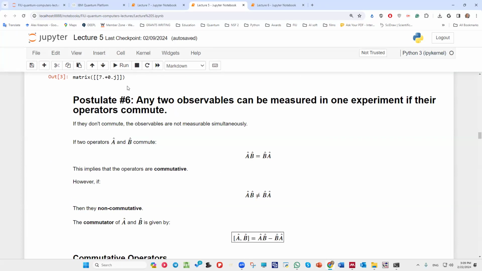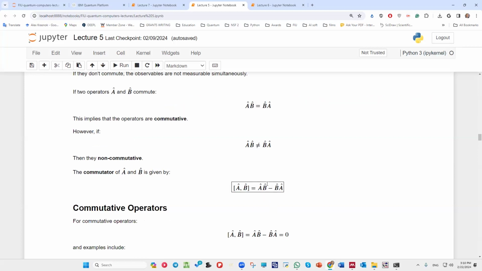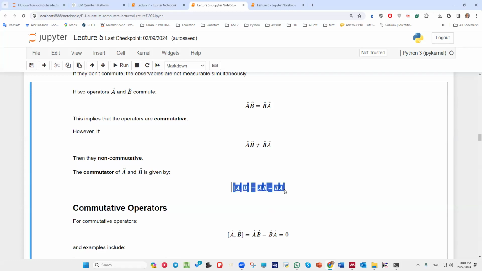And repeat the postulate number 6, which tells us that only observables whose operators commute can be measured in the same experiment. So in order to define whether the observables are measurable simultaneously or not, we introduce this concept of a commutator represented by this formula.